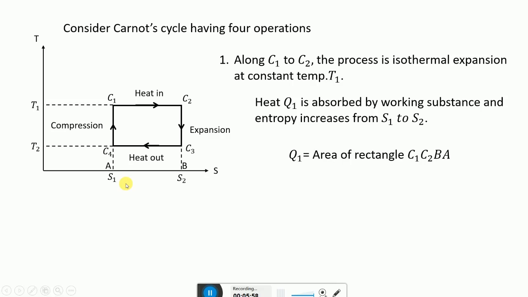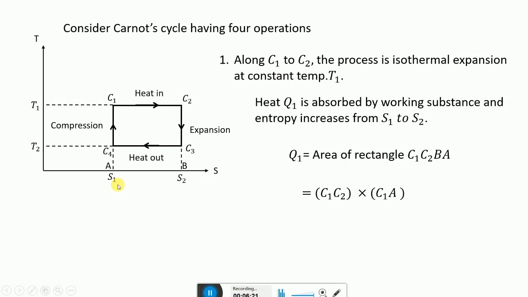And this C1, C2, B, A can act as a rectangle. And we know the area of a rectangle is breadth into height, which is equal to C1C2, this is the breadth, into height, which is C1A.